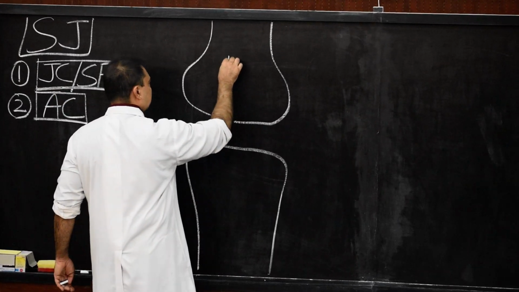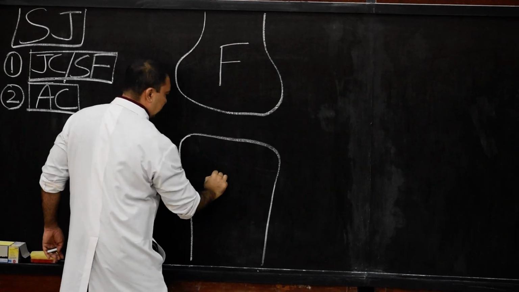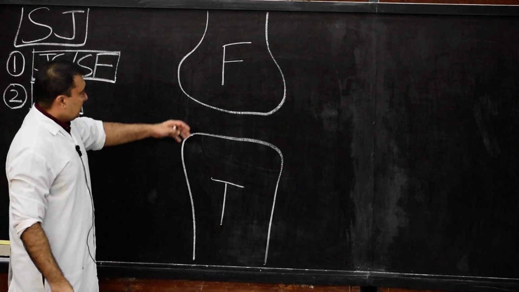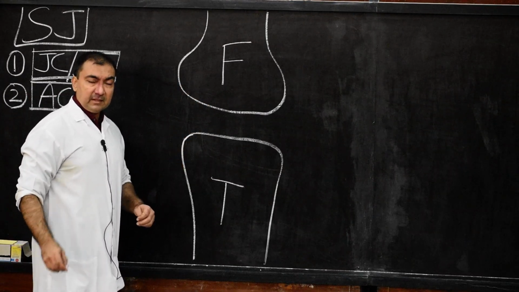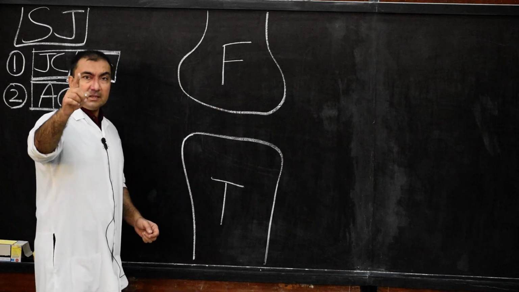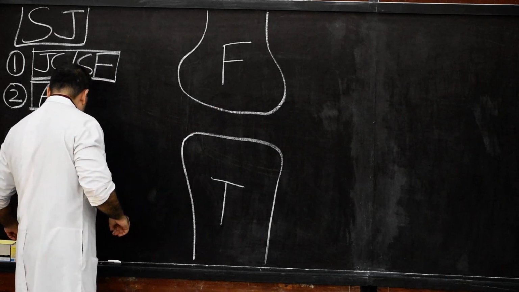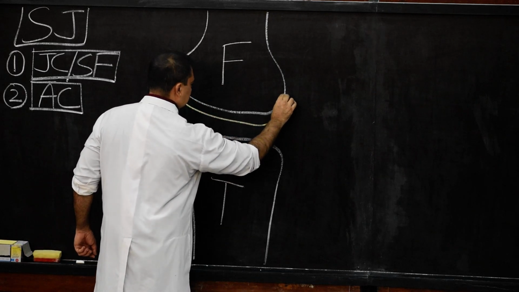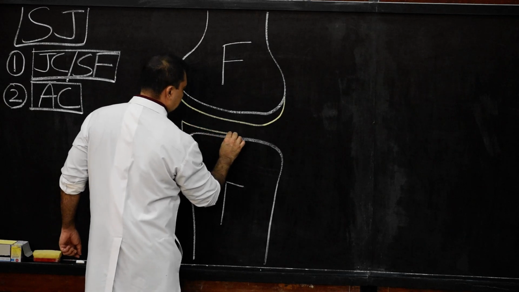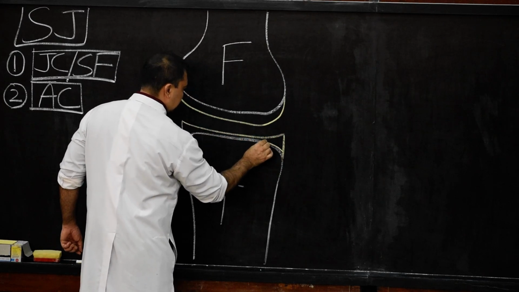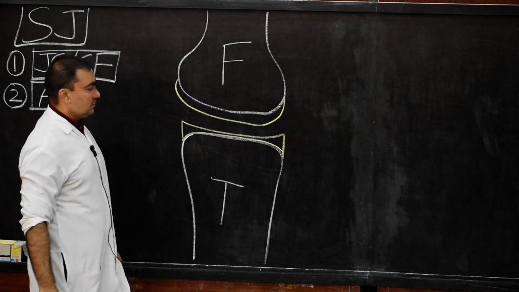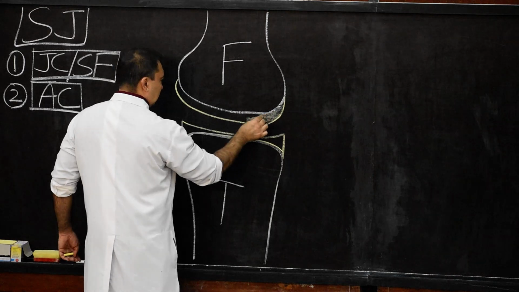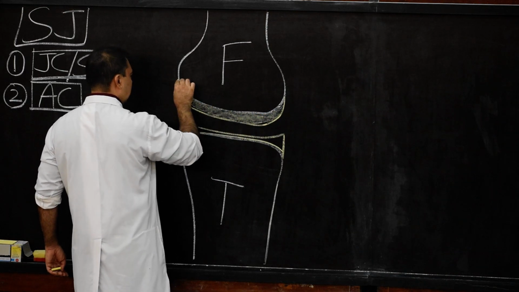For example, take the cross section of the femur and tibia: the lower end of the femur and the upper end of the tibia have their articular surfaces covered by articular cartilage. This is the articular cartilage covering the two articular surfaces.